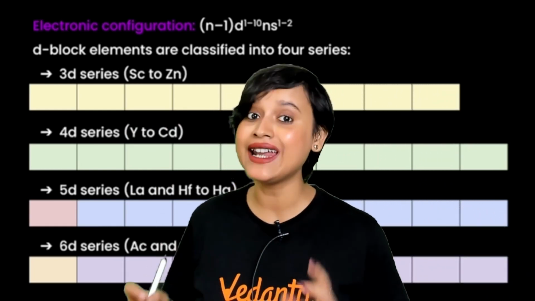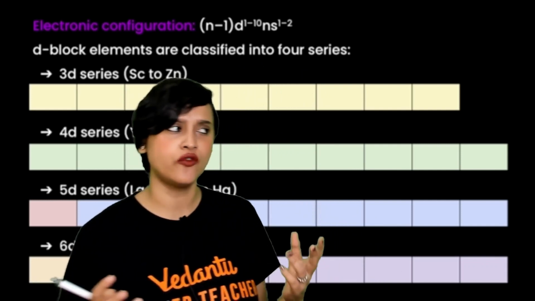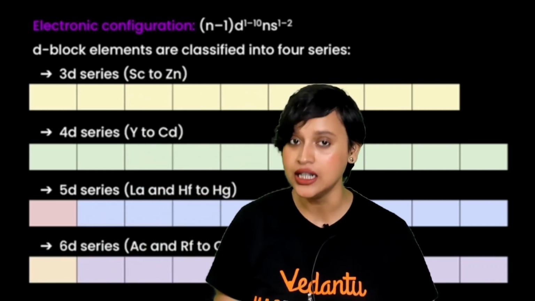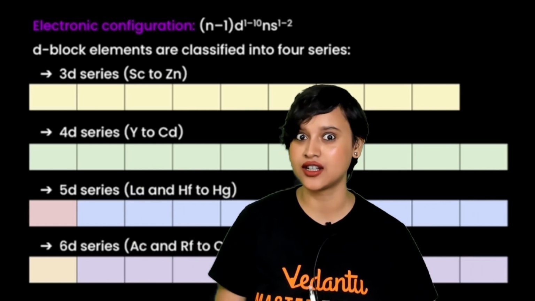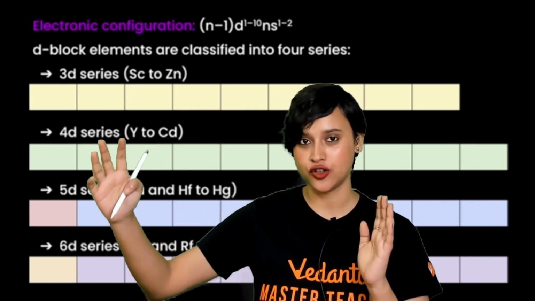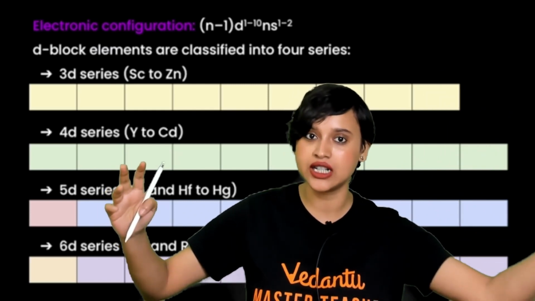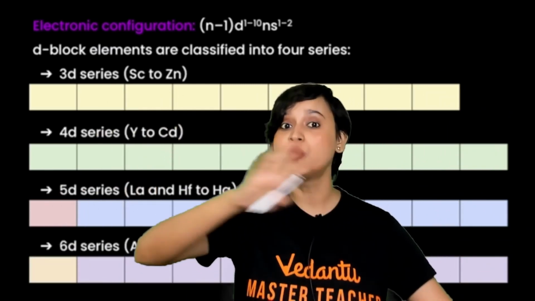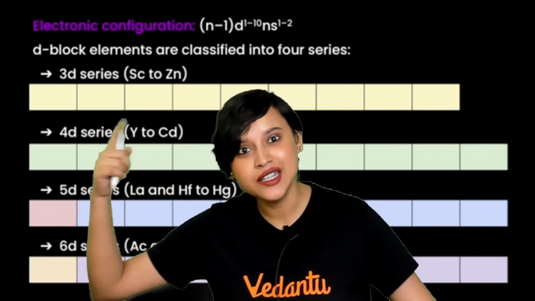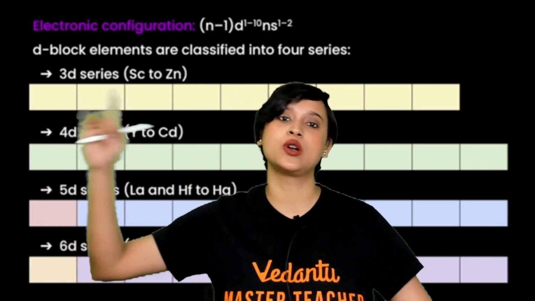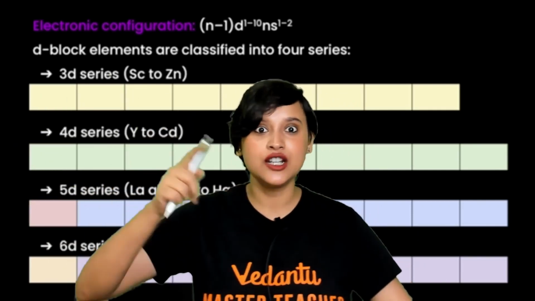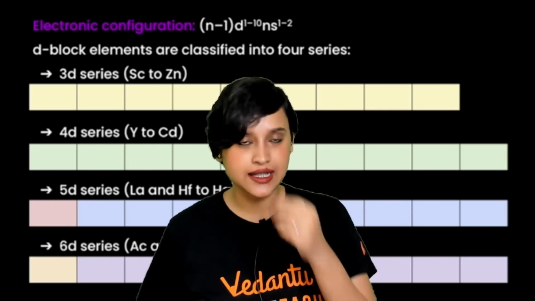Now you know that s orbitals can hold just 2 electrons, whereas d orbitals can hold 10 electrons. So it can be d1, d2, d3, d4, d5, d6, d7, d8, d9 and d10, which is what we have seen. Scandium 3d1 4s2. Titanium 3d2 4s2. This is what you saw, right?